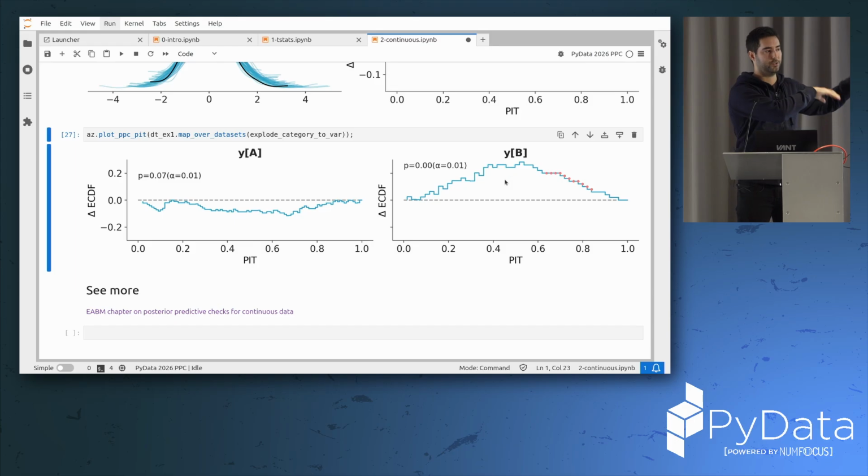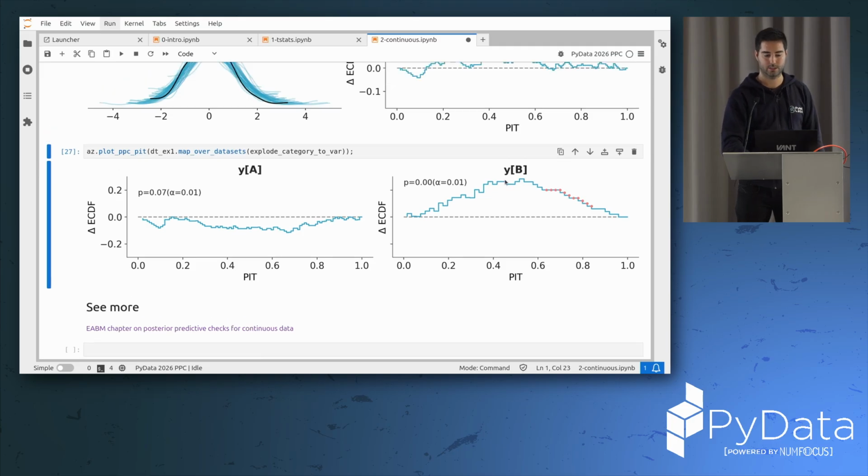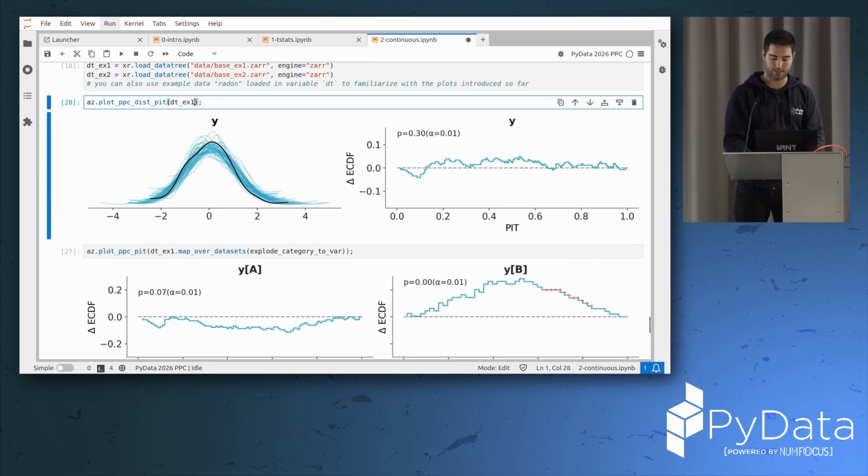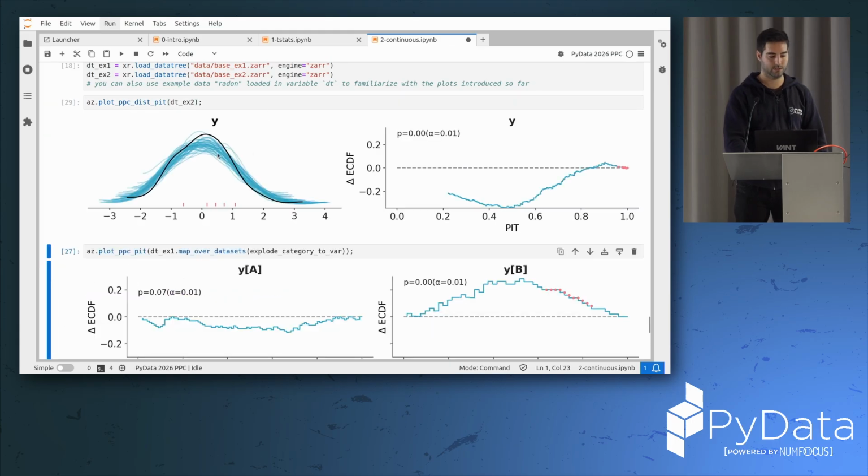One has a global issue that nothing is actually matching, but it's hard to see if we are only focusing on t-stats or raw overlaying of densities, and the PIT check really comes in handy.